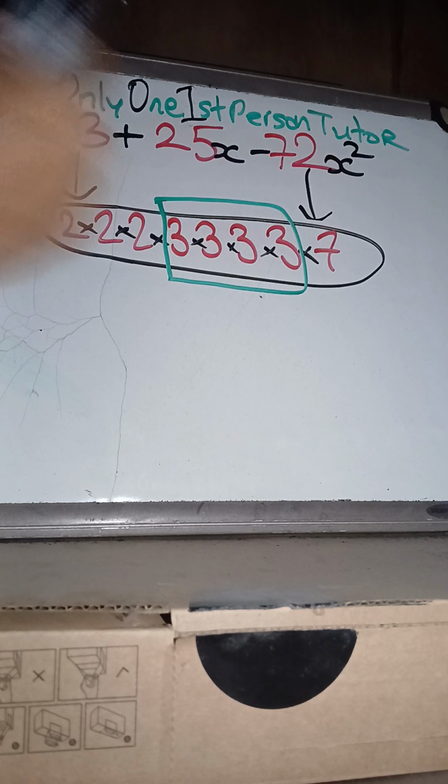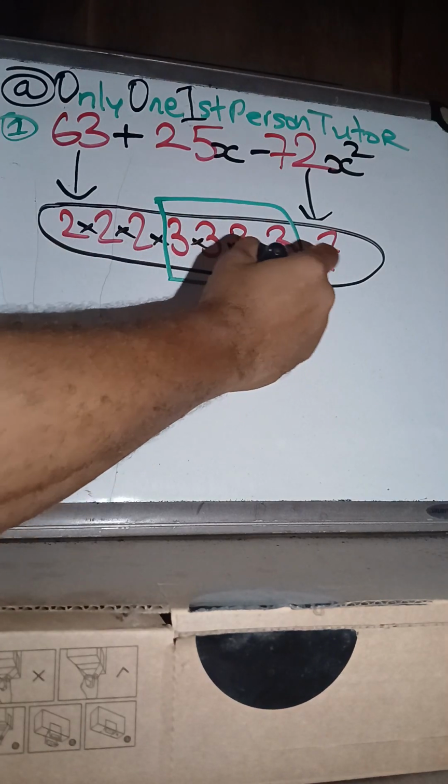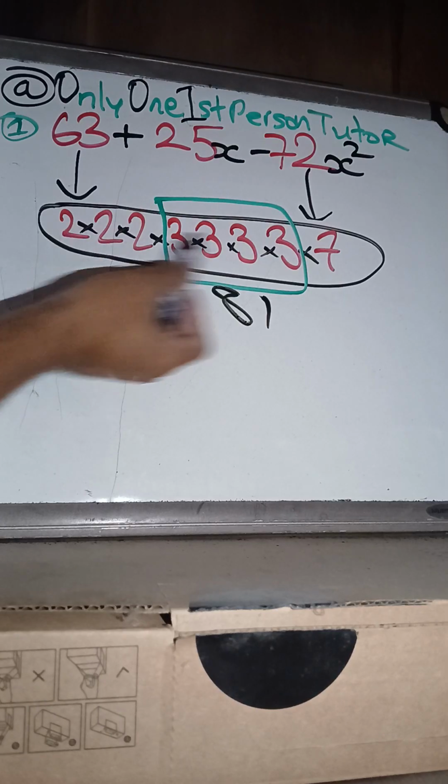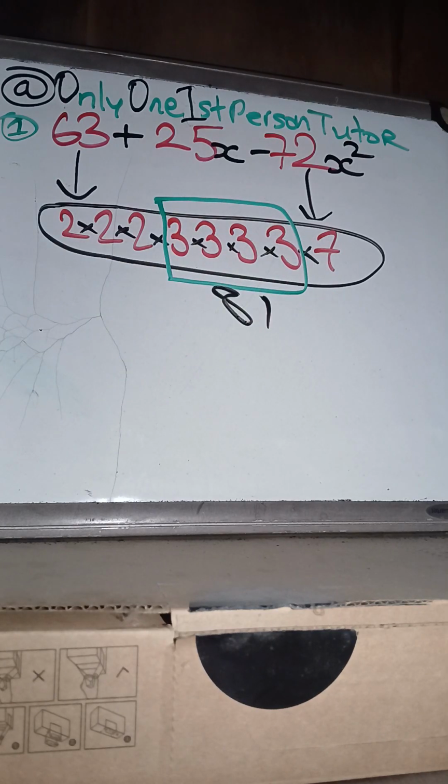Okay, so where are we now? We have 3 times 3 times 3 times 3, 9 times 9, that's 81. All right. So, okay, fine. Let's write the 81. Now, what is left is this here. 8 times 7. 8 times 7 is what? 56.